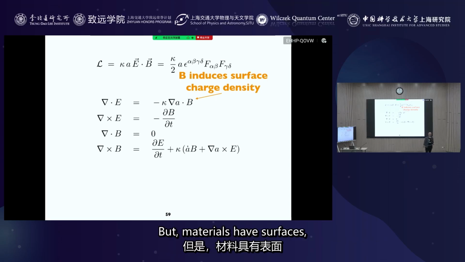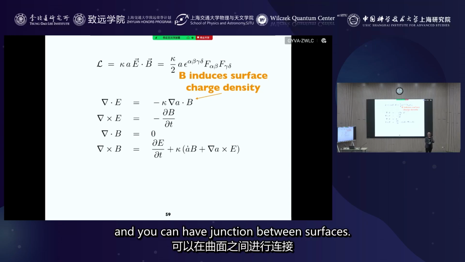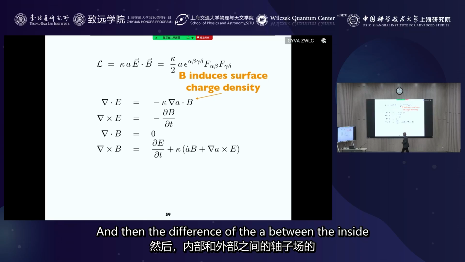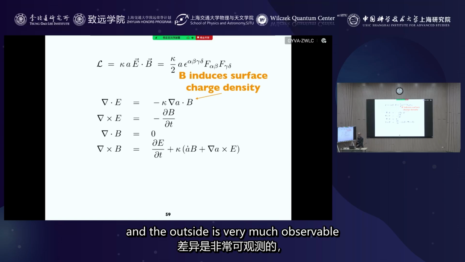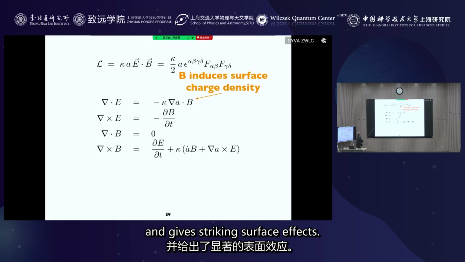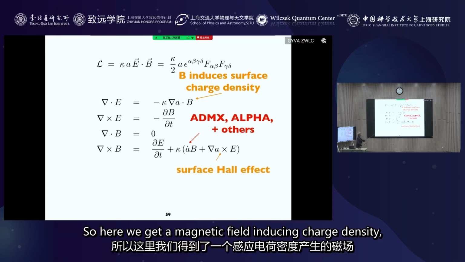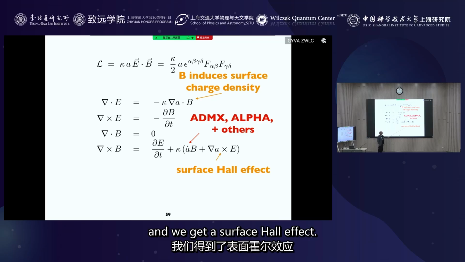But materials have surfaces, and you can have junctions between surfaces, and then the difference of the A between the inside and the outside is very much observable and gives striking surface effects. Here we get a magnetic field inducing charge density, and we get a surface Hall effect.